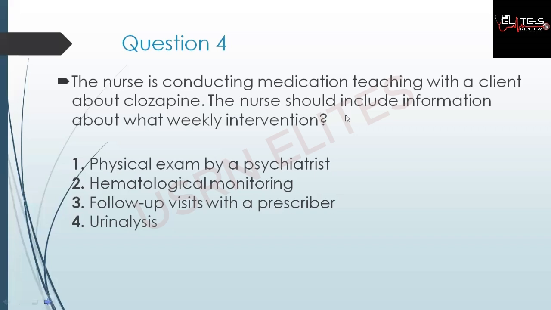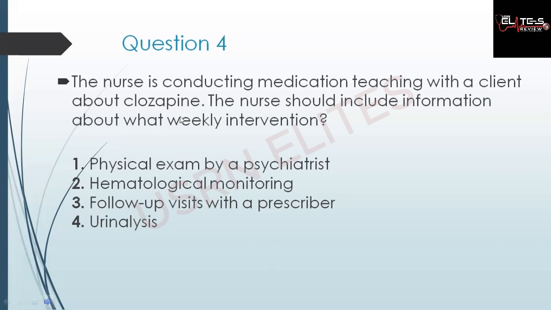Anyone who thinks it's a different answer, apart from 2, let's see what you have to say. I think it's 3. Why 3? No specific reason, but I know people on clozapine mostly go for follow-up visits with the prescriber, I think every month.